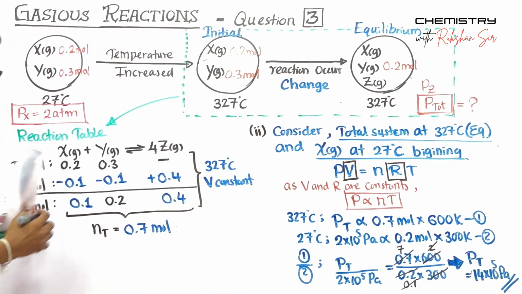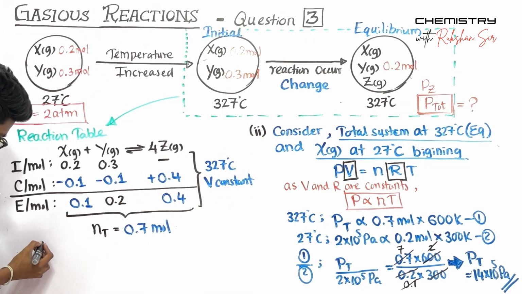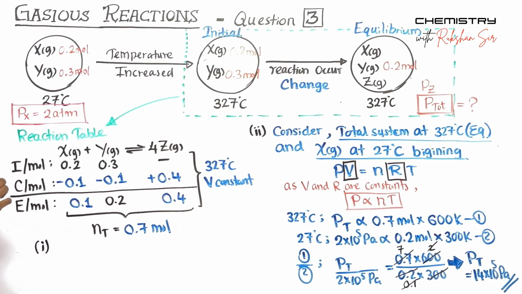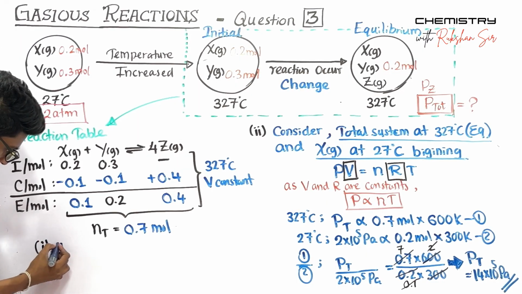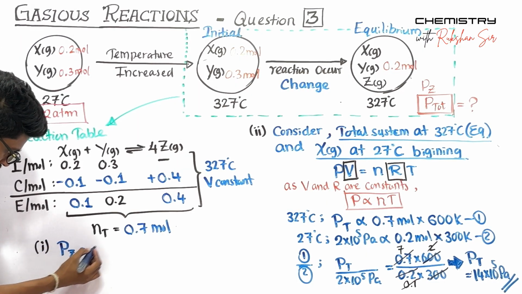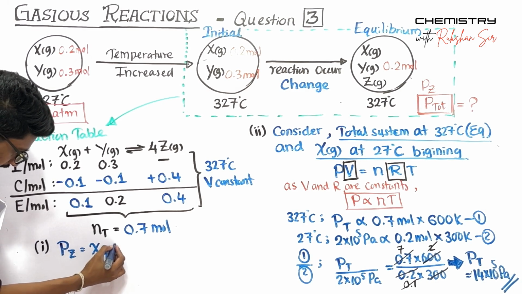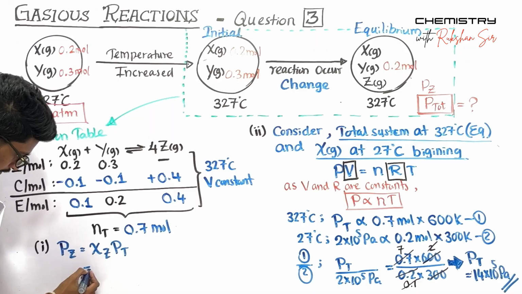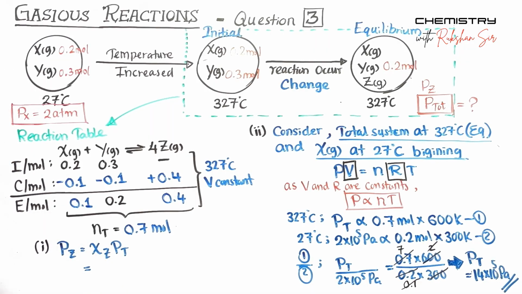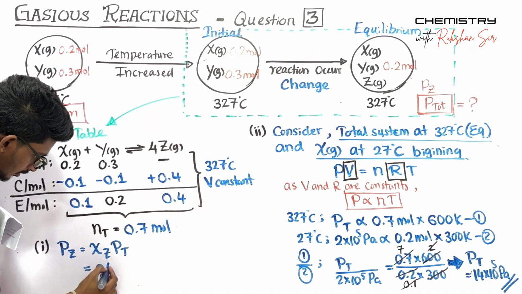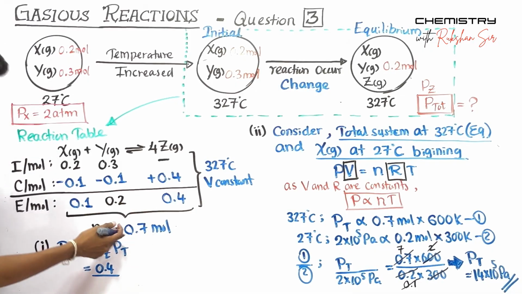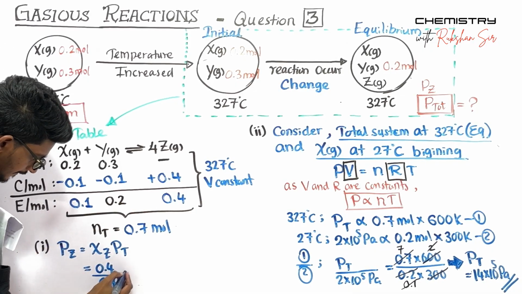As you know the P total, we can come up with the P set. Part of the P set is equal to the mole fraction of P set into P total. The mole fraction of P set is the actual number of moles of P set, 0.4, divided by total moles, that is 0.7, into P total.